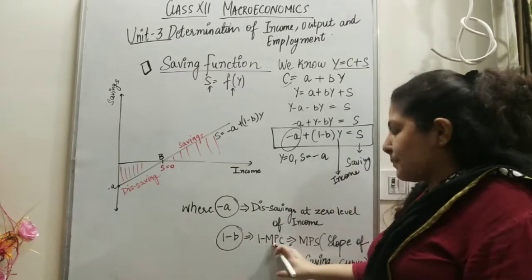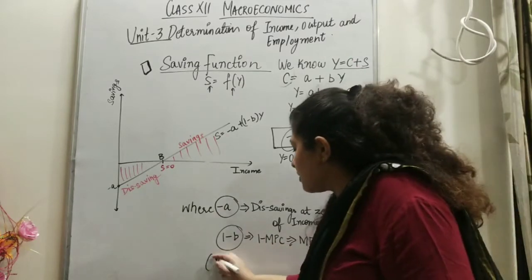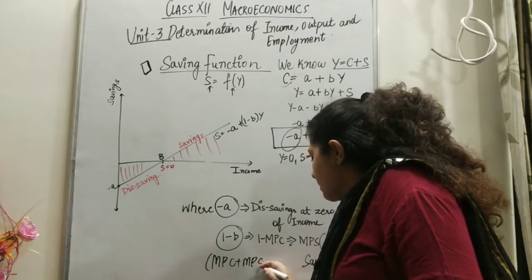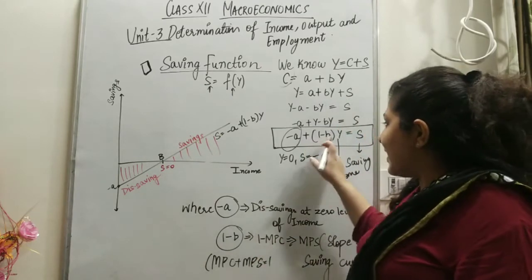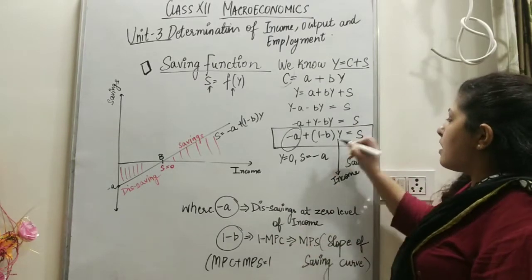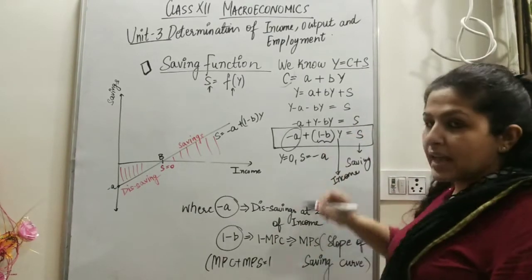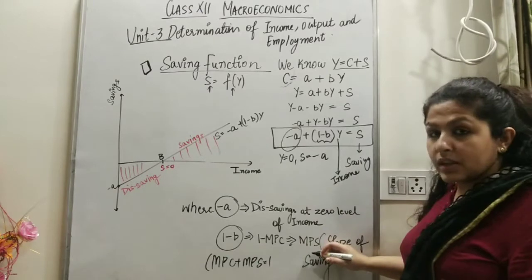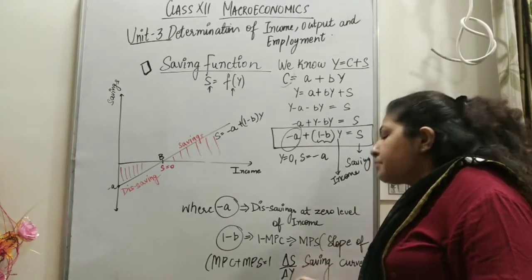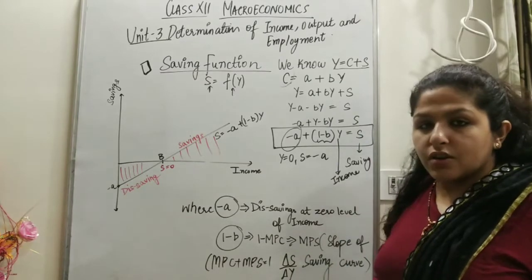Next, what is 1 minus B? You know B is MPC, and we know the relationship between MPC and MPS: the sum is equal to 1. So if B is MPC, then 1 minus B is MPS, marginal propensity to save, that is delta S by delta Y, how much the people are saving out of the change in income.